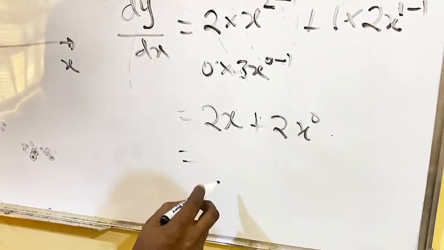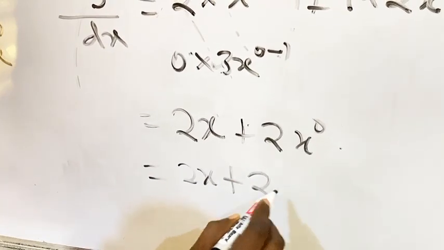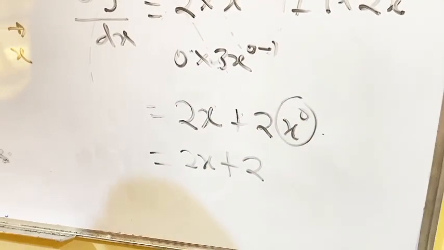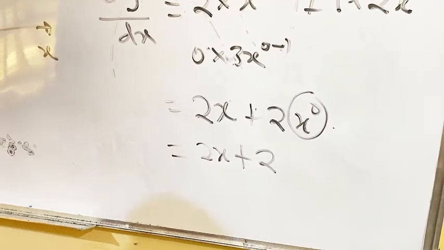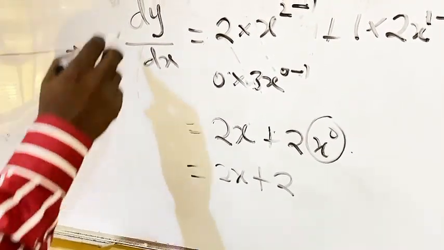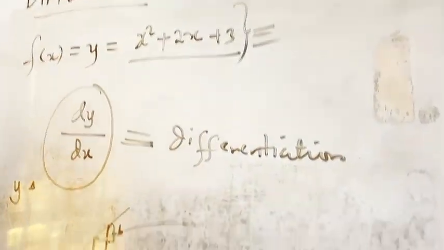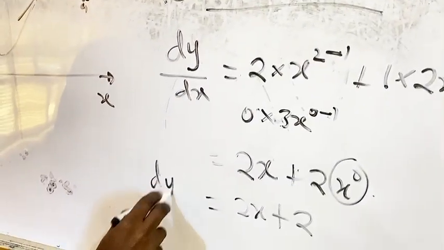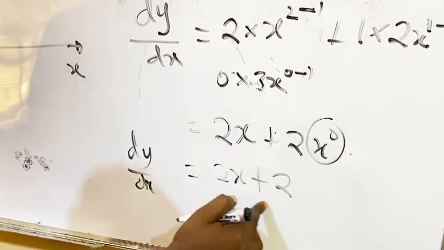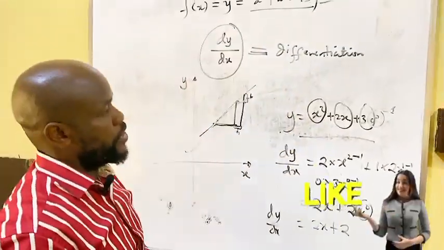So this further simplifies to 2x plus 2, because x raised to power 0 is 1 and 2 times 1 is still 2. So the derivative, or the differentiation, of this function y equals x squared plus 2x plus 3 is equal to 2x plus 2. That is for a polynomial of this nature.